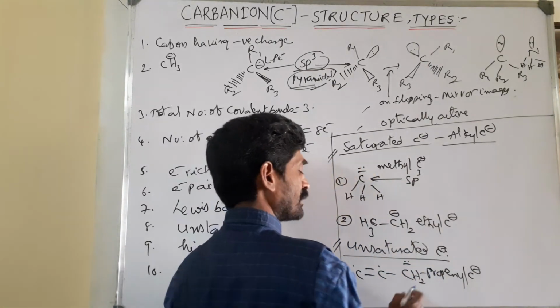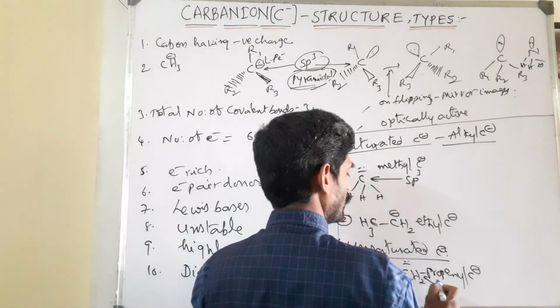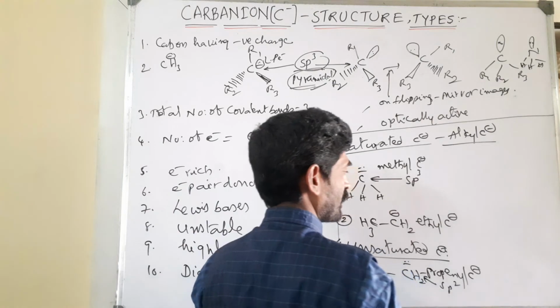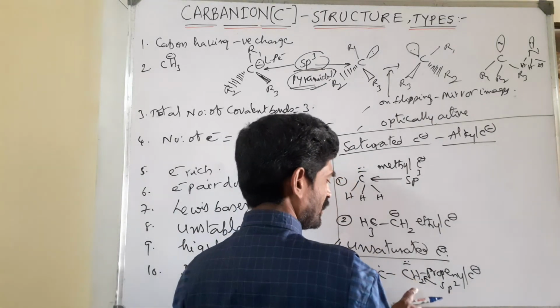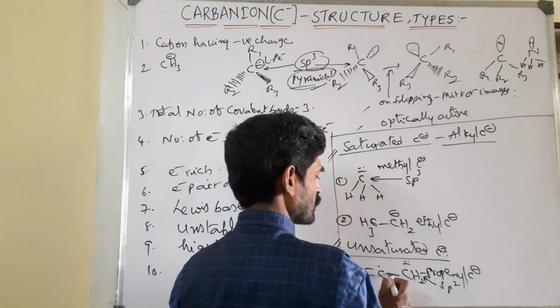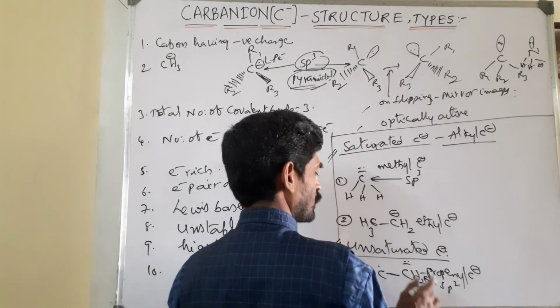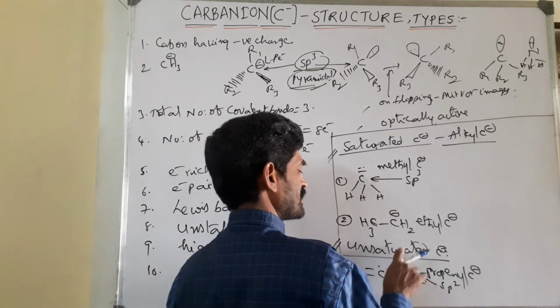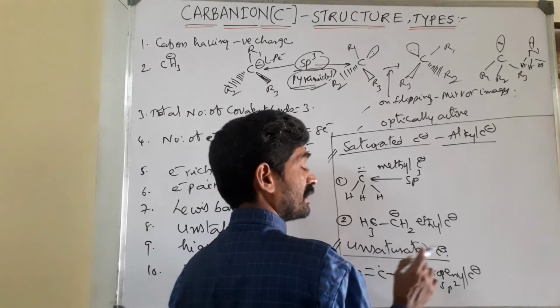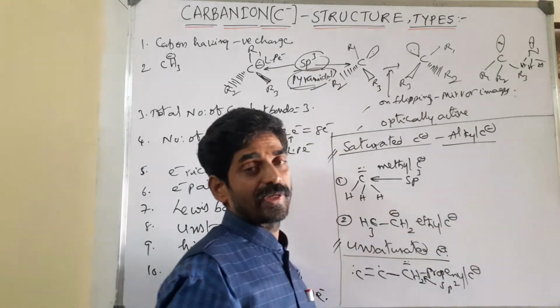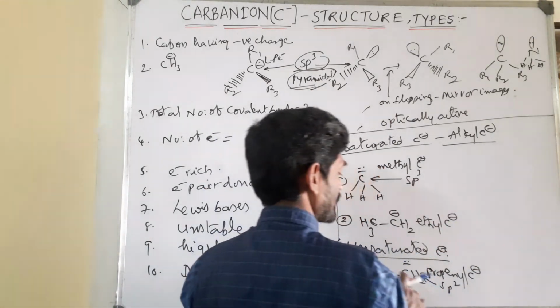Here the carbon atom undergoes sp2 hybridization, not sp3. Why? Because how many sigma bonds are there? One with two hydrogens, two. Total three sigma bonds, and the lone pair is present in a pure p orbital. That's why it is an sp2 carbon.